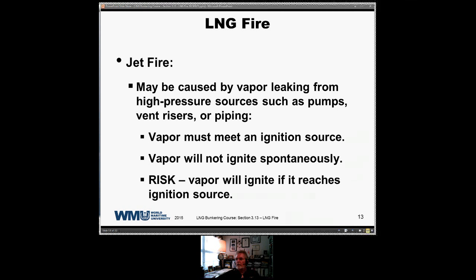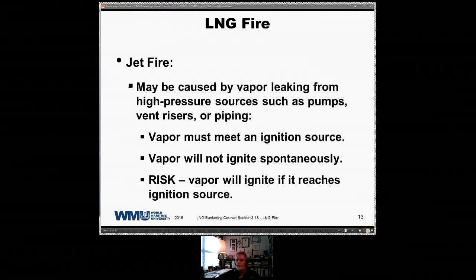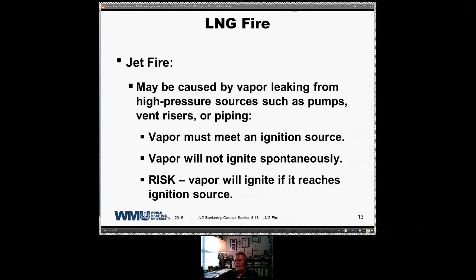While this was occurring, it was either static electricity buildup due to the vapor rushing through this pipe, or it was a lightning strike. I'm not quite sure which one it was, but whatever it was, there was an ignition source, and the vapor coming out of the forward vent riser was ignited. Believe me, it produced a very, very impressive flame. The fire was extinguished by securing the source.